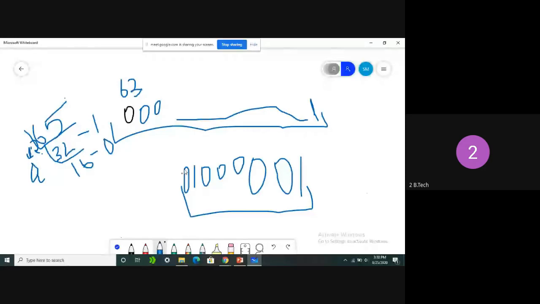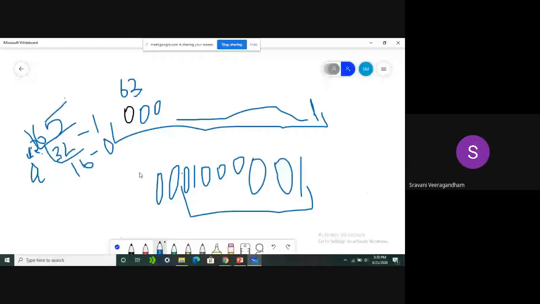If it is a 9-bit processor, it will add one more 0 here. If it is a 64-bit processor, the total number of bits should be 64, and it will add on zeros. So this is the way the processor will read all values in binary only.